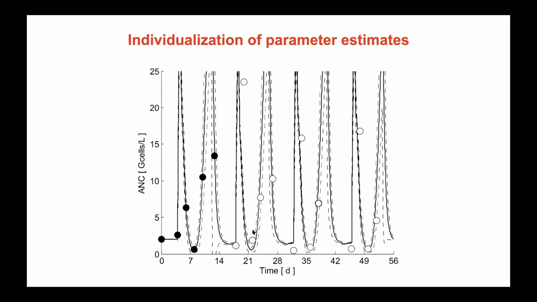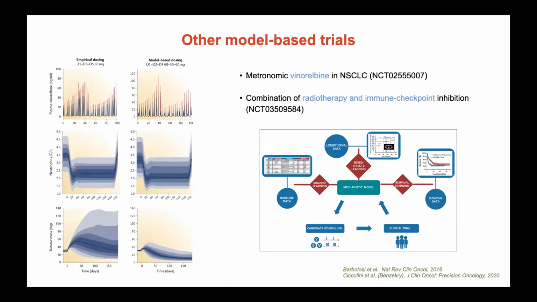of the scheduling. We also have in Marseille ongoing model-based clinical trials for metronomic vinorelbine in non-small cell lung carcinoma. These are with a model-based scheduling, and another one for combination of radiotherapy and immune checkpoint inhibition.